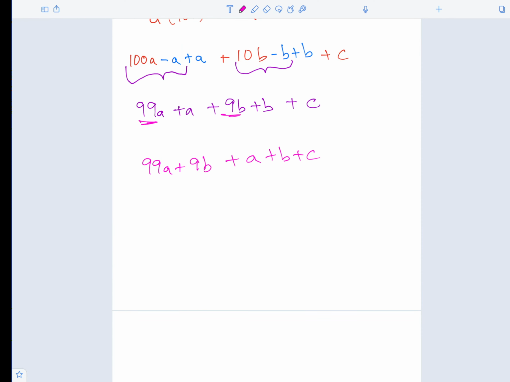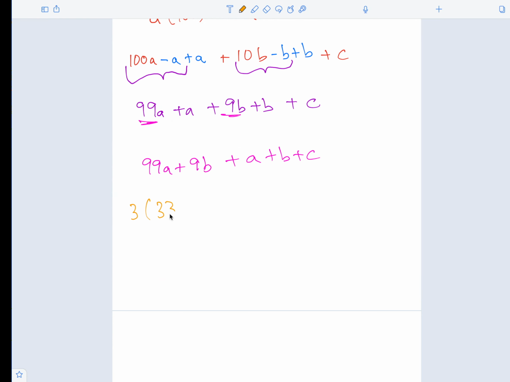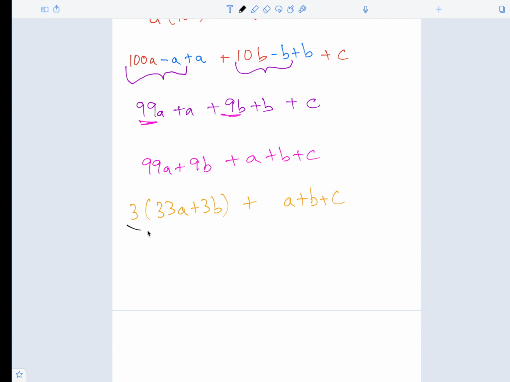Because I can factor a 3 out of 99 and 9, I'm left with 3 times 33A plus 3B. Check this out: I can divide this by 3, and the 3 will divide out because they go evenly.